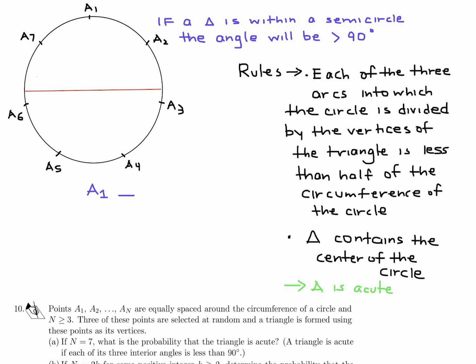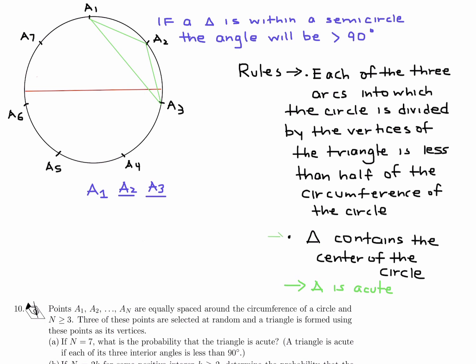I don't really know, so I'll just say A2. Why not? If I choose A2, now I have to choose my third point to create the triangle. Could it be A3? Well, let's see. Initially we'll go through these, and then, once you get the hang of it, we certainly don't have to go through every single one. If this is my triangle, A1, A2, A3, I look at my rules.